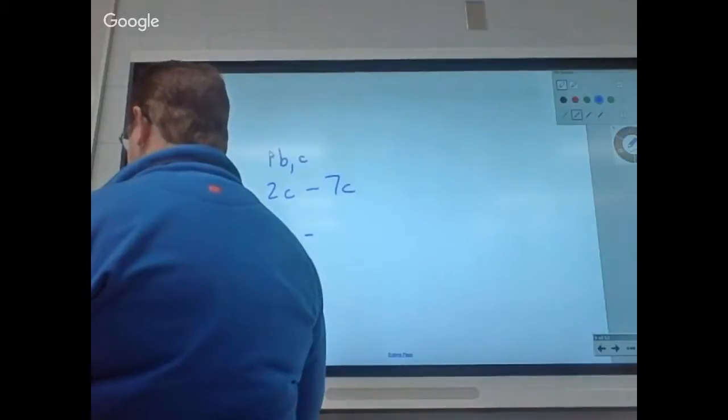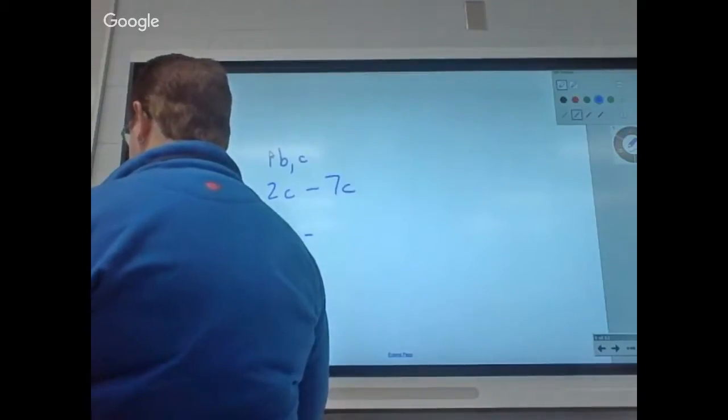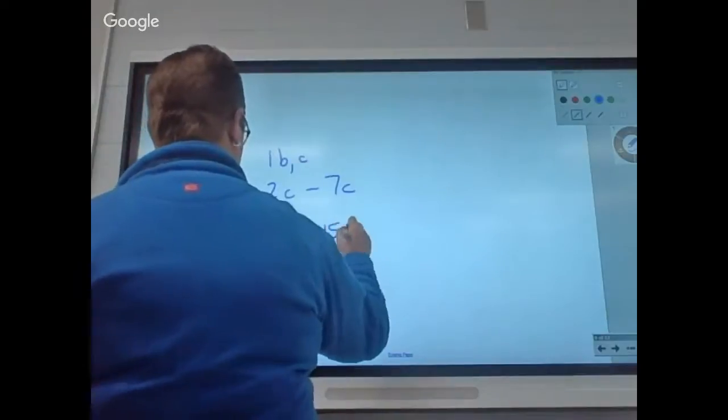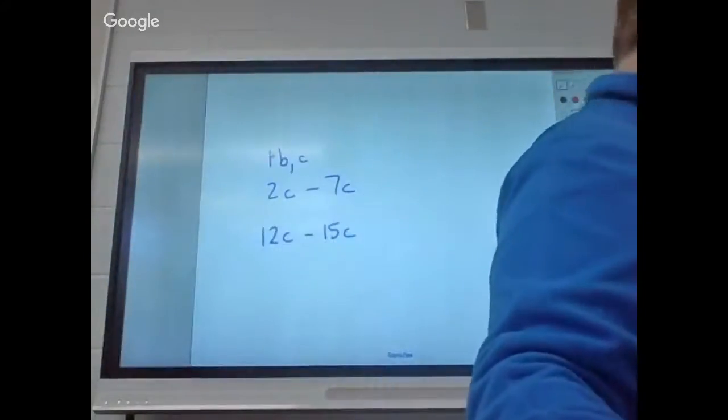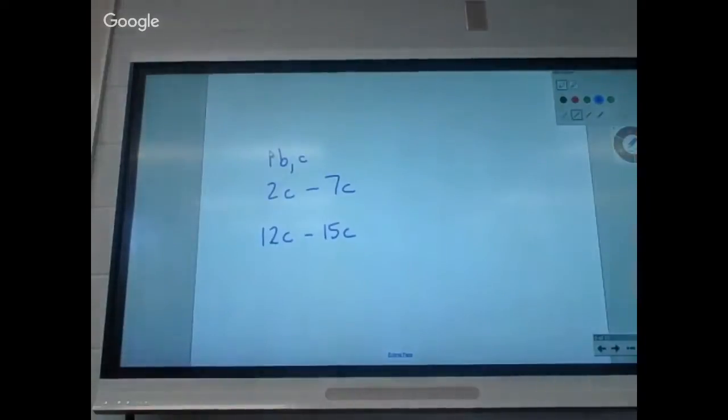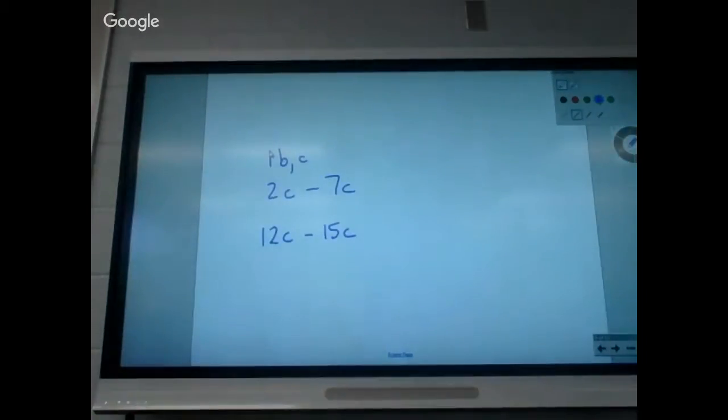So 1B and C, and then 2C through 7C, and then 12C through 15C.